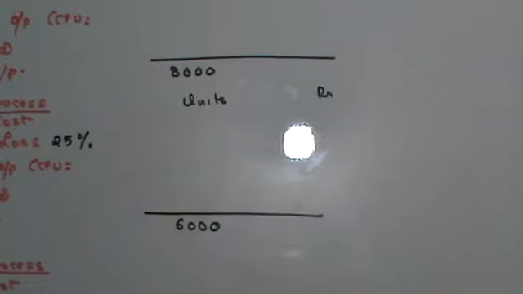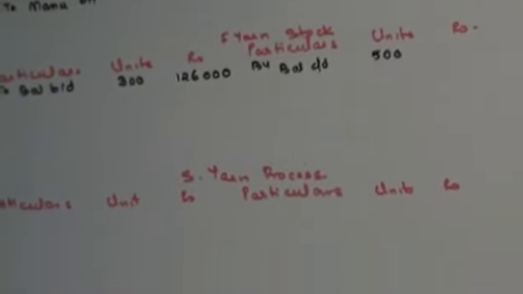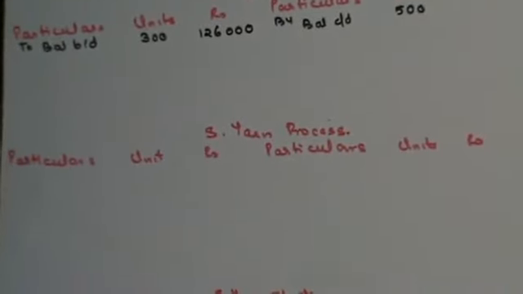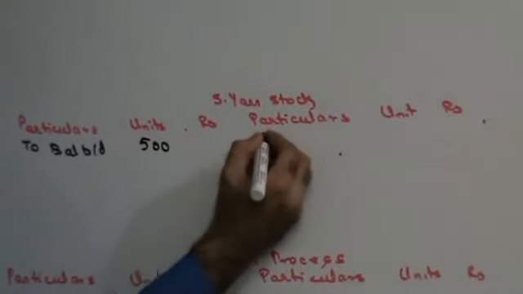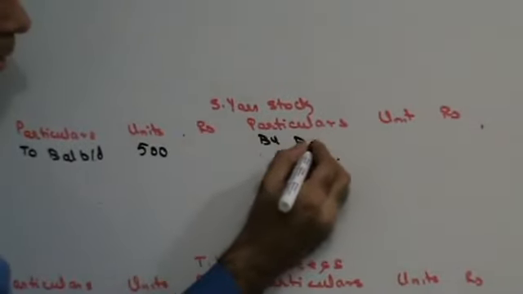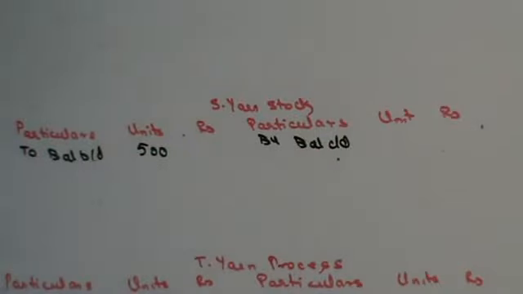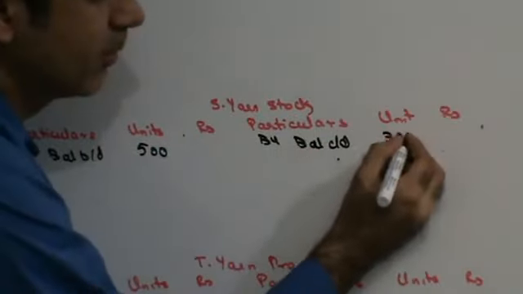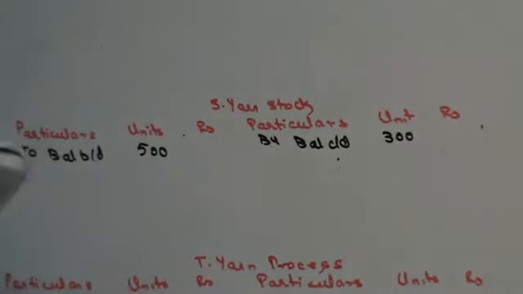Now let's come to the fair work. Opening stock of stock account, balance brought down, is 500 units. Closing stock is 300 units.